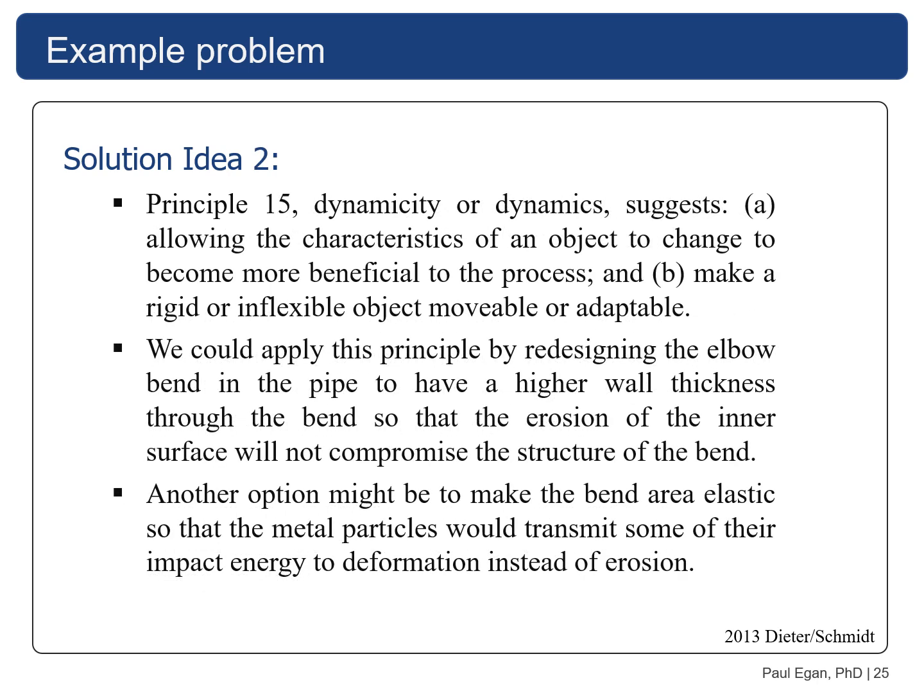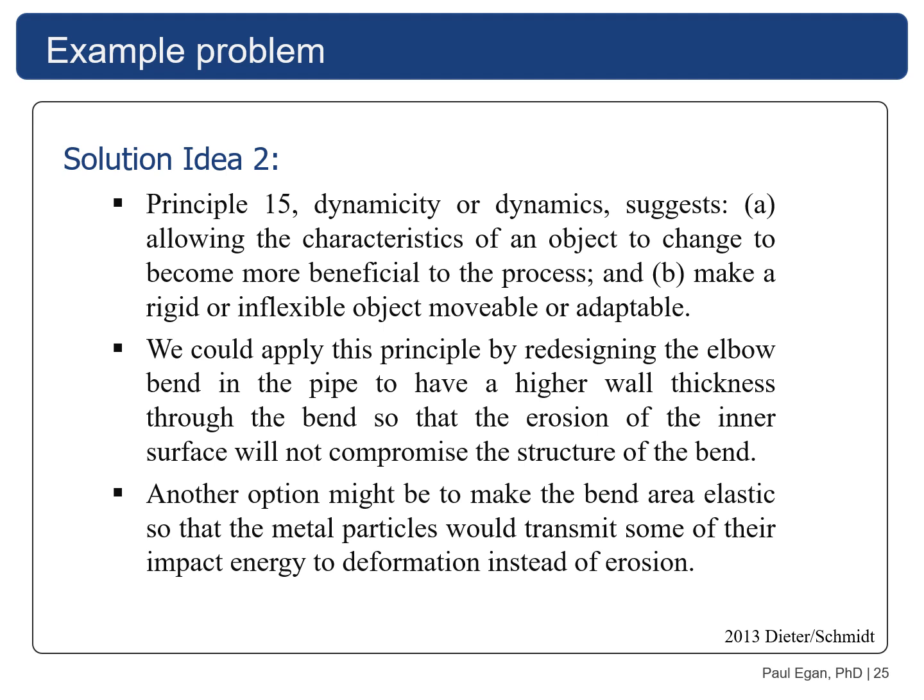So a second solution, principle 15, dynamics, suggests allowing the characteristics of an object to change to become more beneficial to the process and make a rigid or inflexible object movable or adaptable. So we could apply this principle by reducing the elbow bend in the pipe to have a higher wall thickness through the bend so that the erosion of the inner surface won't be compromised based on the structure of the bend.